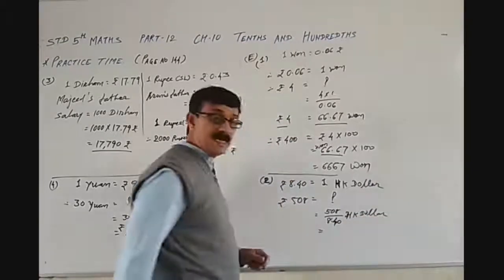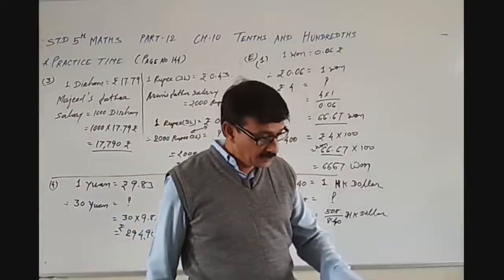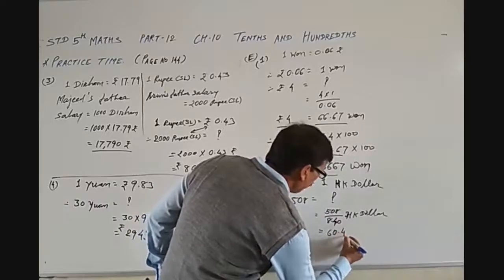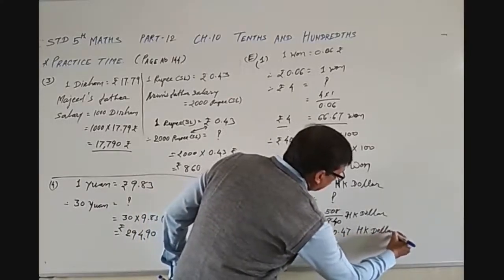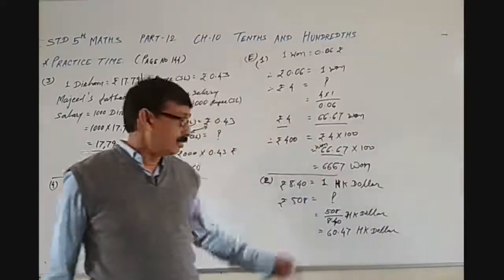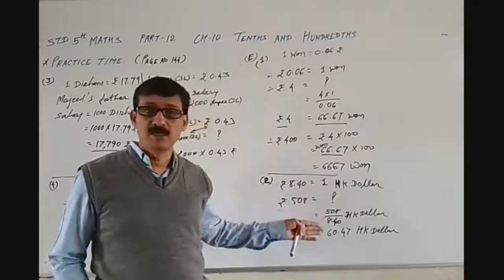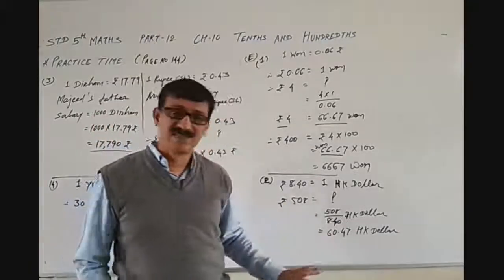And directly let me give you the answer. The answer is 60.47 Hong Kong dollars. You will not be able to do this division, so directly write this answer.